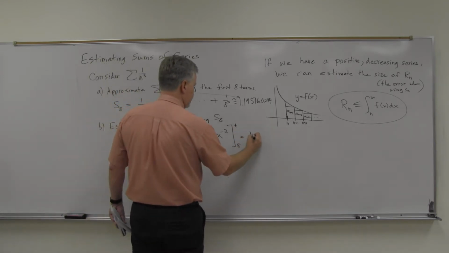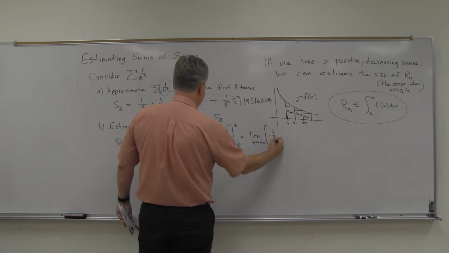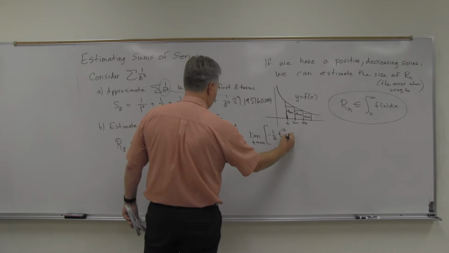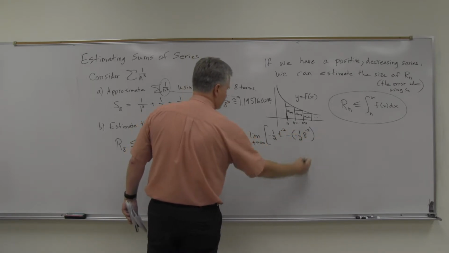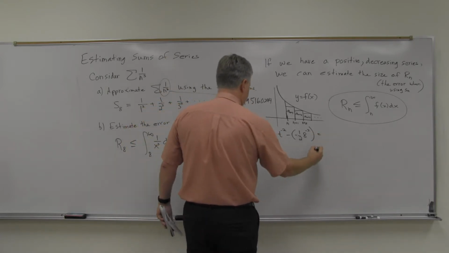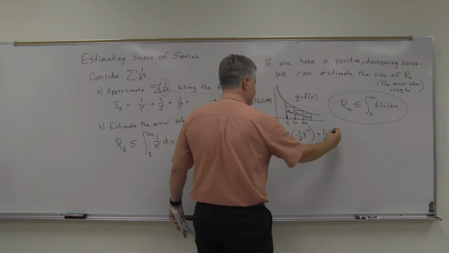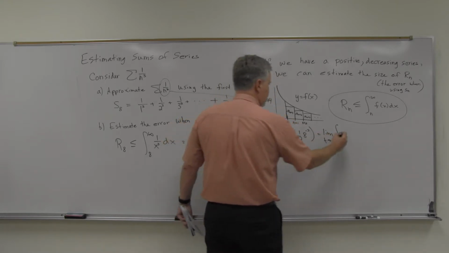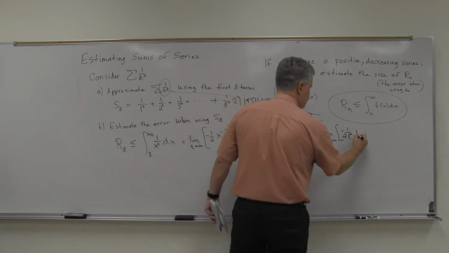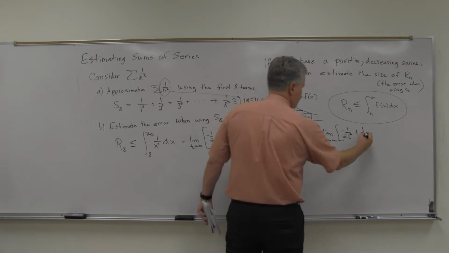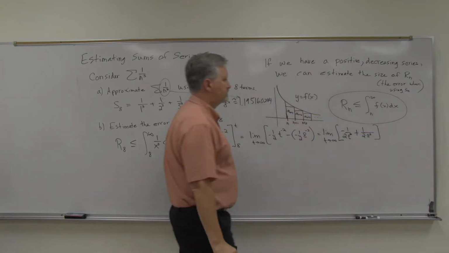So that's the limit as t goes to infinity of negative 1/2 t to the negative 2 minus negative 1/2 times 8 to the negative 2. Put that in a better format: negative 1 over 2t squared, plus 1/2 times 1 over 8 squared, which is 64.